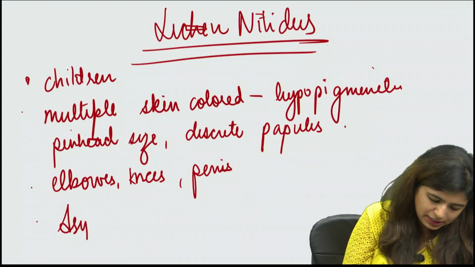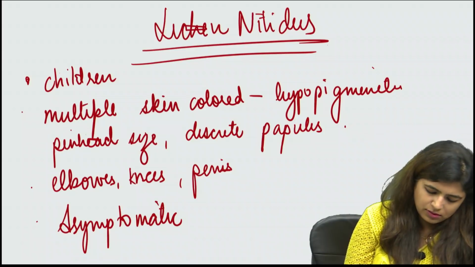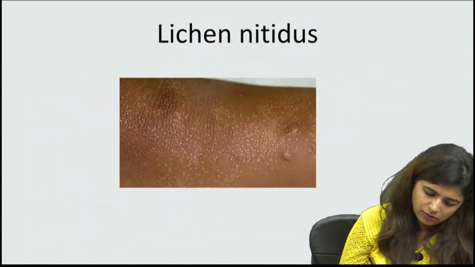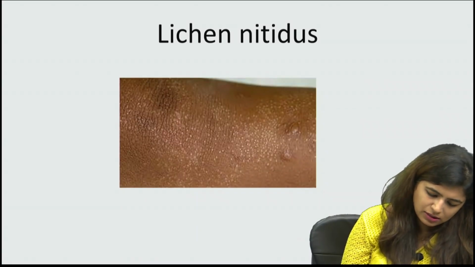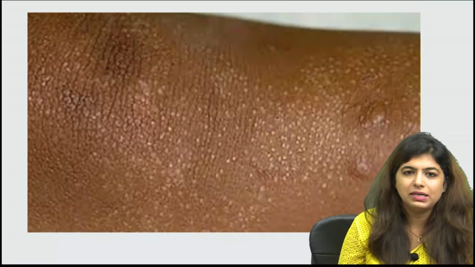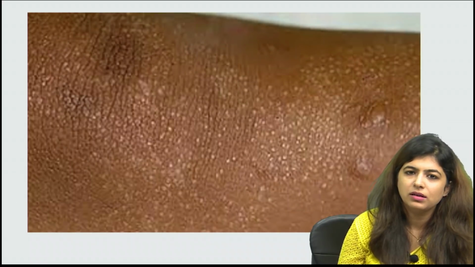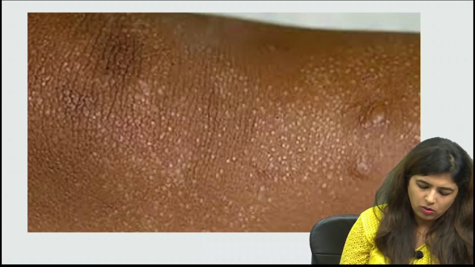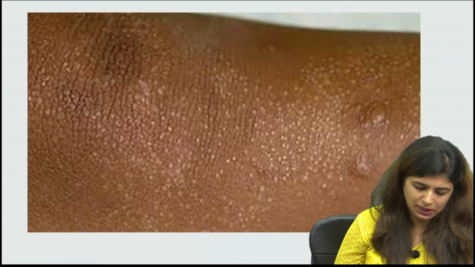These are completely asymptomatic. There is no complaint by the child. Now, look at this. This is how it looks. Multiple hypopigmented discrete papules on the extensors and the penis.